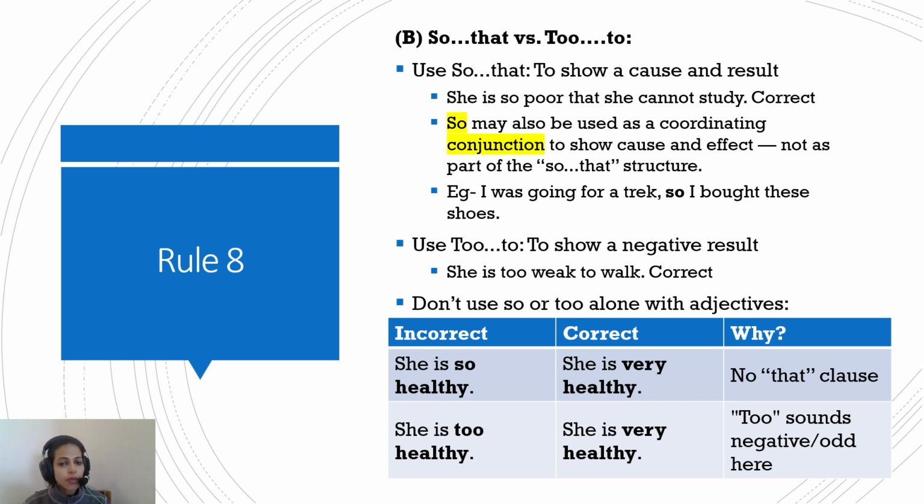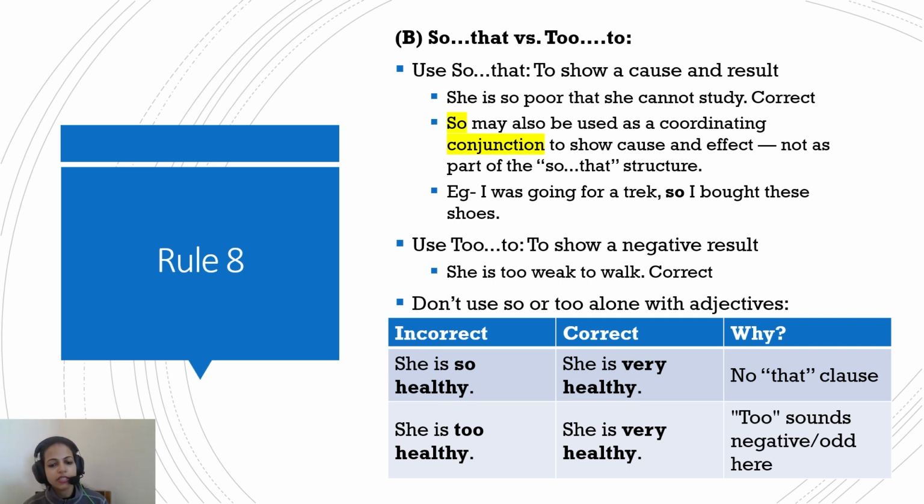In comparing "so that" and "too," you have to see if something is giving a negative implication; then you use "too." Let's try to understand this with an example. "She is so healthy." Here, "she is very healthy" is a better way to go because there is no cause and result here. She is very healthy.